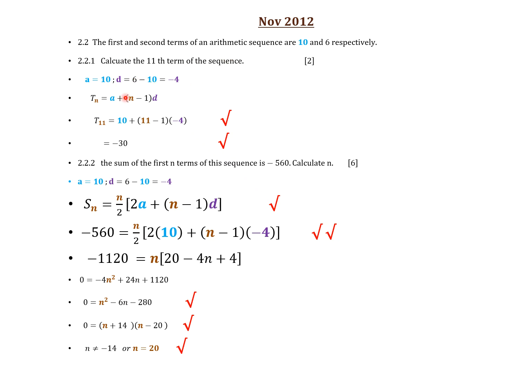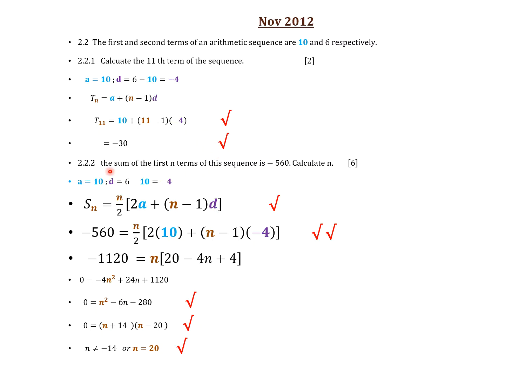Tn equals a plus n minus 1 times d, with a being 10 and d being negative 4. We want term 11, so n becomes 11. 11 minus 1 is 10, and 10 times minus 4 gives me negative 40. Negative 40 plus 10 gives me negative 30. One mark for correct substitution of a and d, 1 mark for the correct answer.